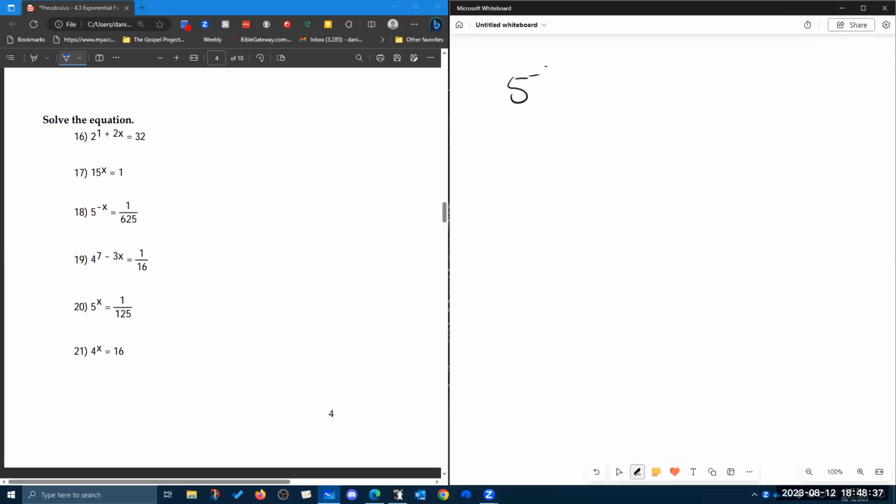Next, 5 to the negative x is equal to 1 over 625. So 5 to the negative x is equal to 5 to the negative 4th. Negative x is equal to negative 4, and x is equal to 4.